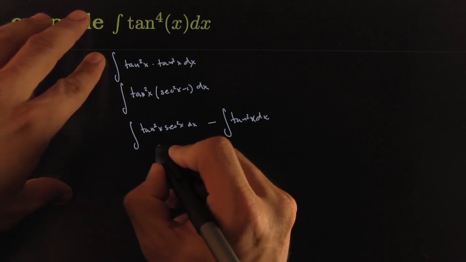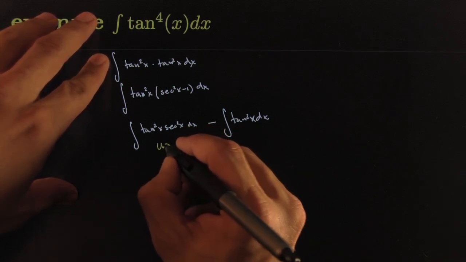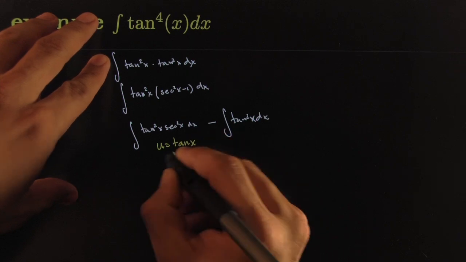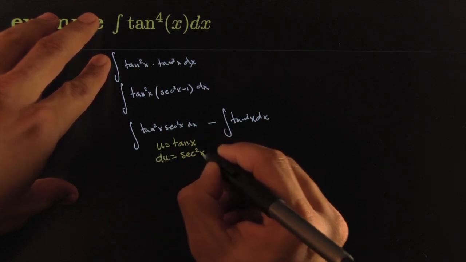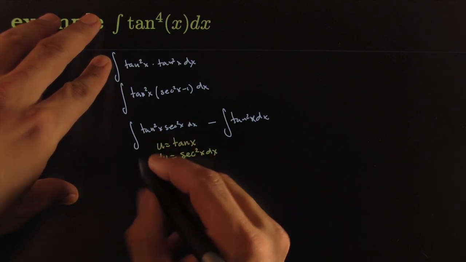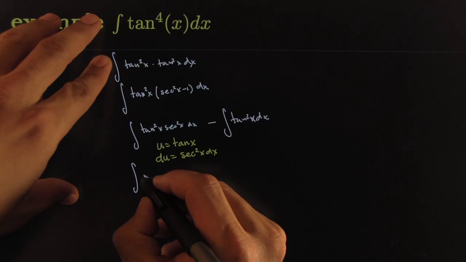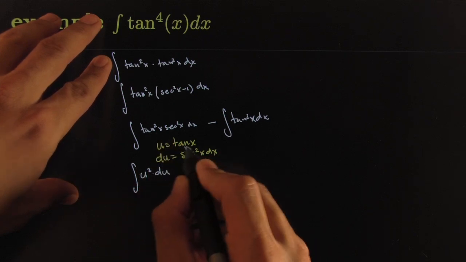This one, for example, I could do a little u sub on it. I could say u is equal to tangent of x. That would make du become secant squared of x dx, which would force this integral to be the integral of u squared du. This is the u squared, tangent squared.